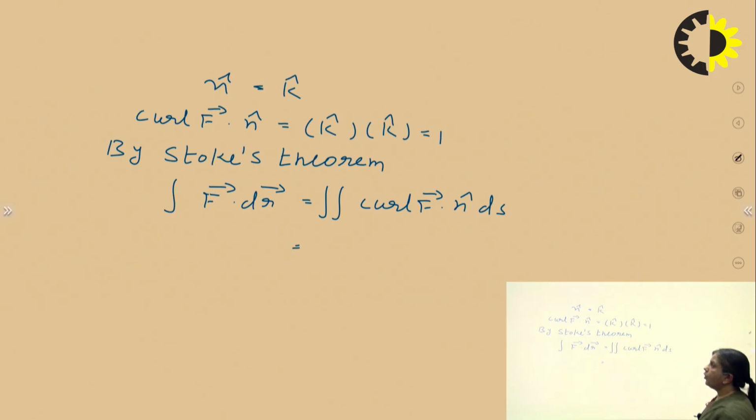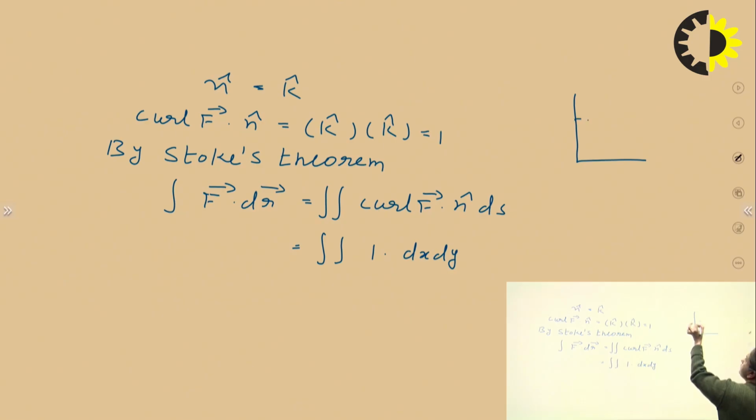As we got already, curl of f vector dot n cap is 1, and ds will be dx dy. As we know, the circle is on the xy plane, so ds equals dx dy. This will be the unit circle. Radius of the circle will be 1.